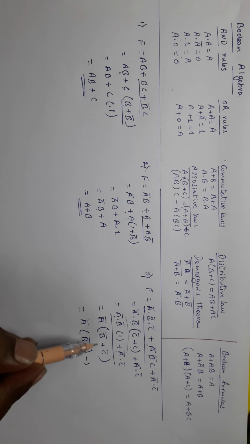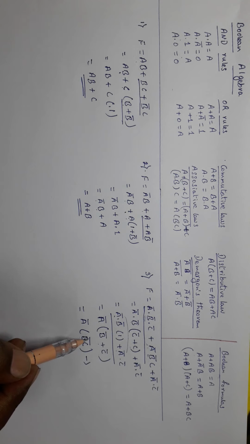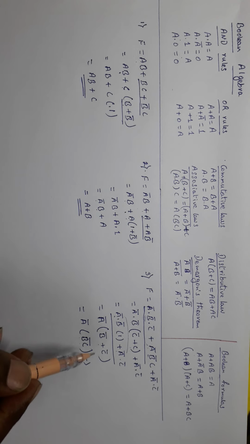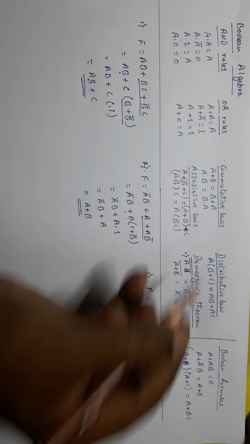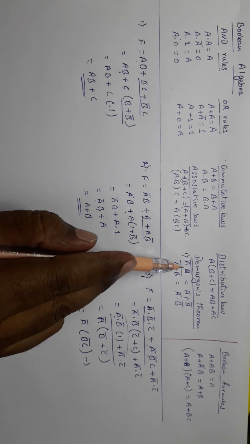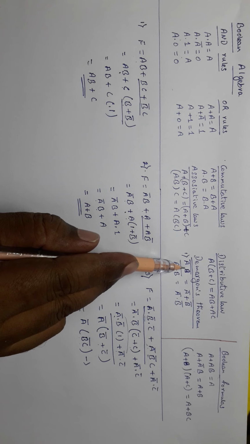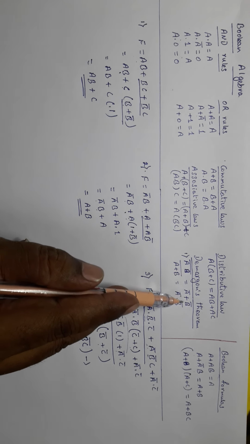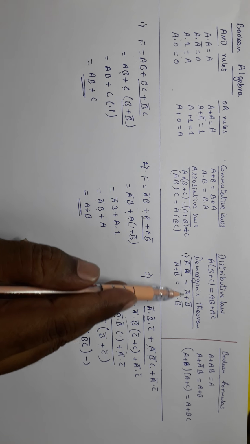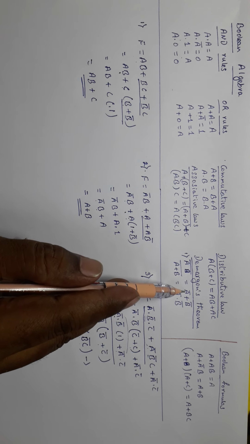That means b complement + c complement equals (bc) whole complement, by using the first theorem, De Morgan's theorem. By using first De Morgan, what it states is that the complement of product is equals to the sum of complements.